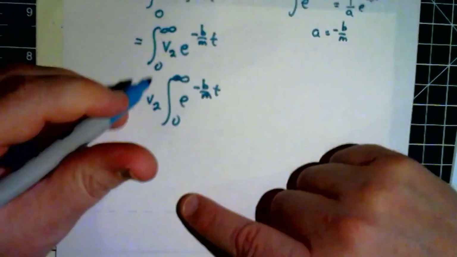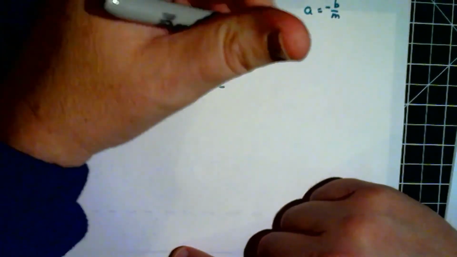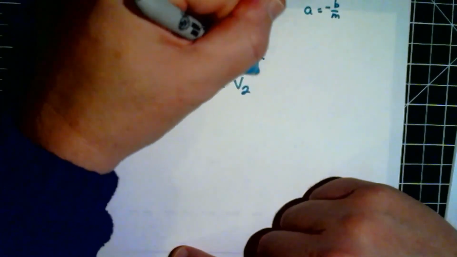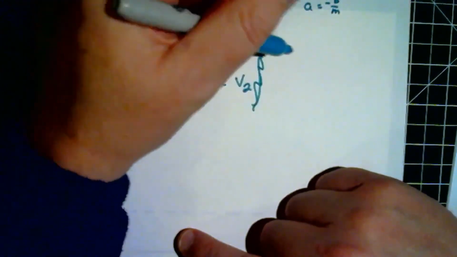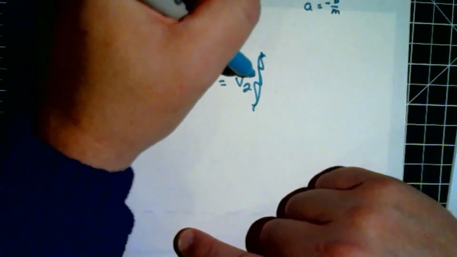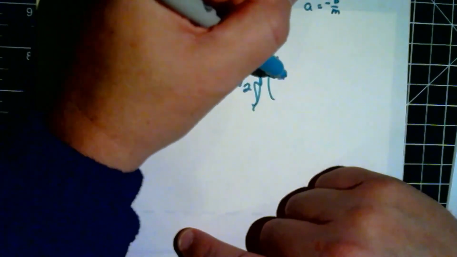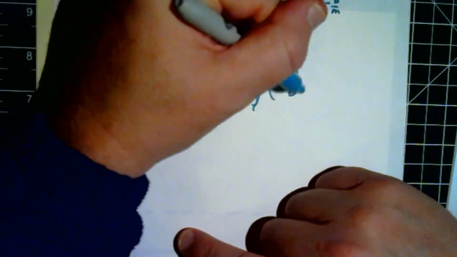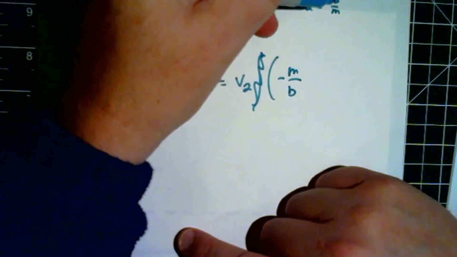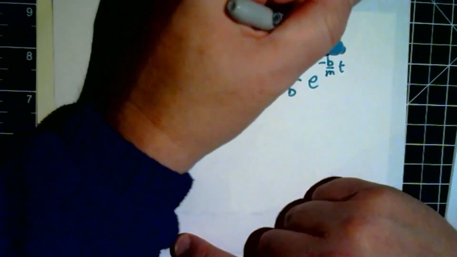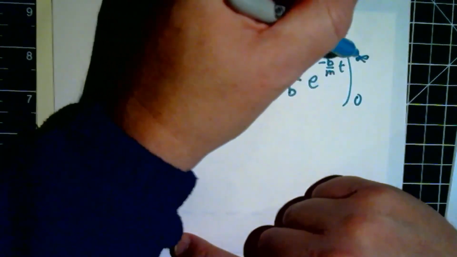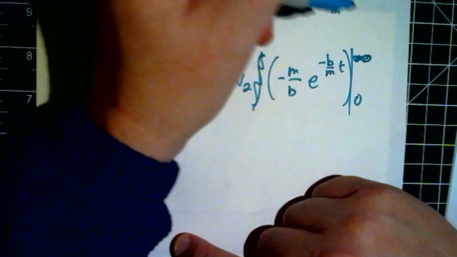All right. So when we take that integral, we'll have v2 times negative m over b, and why it's flipped upside down is because it's 1 divided by that. It's an inverse, times e to the minus b over m times the time. And we're evaluating that between 0 and infinity. Those are our limits.